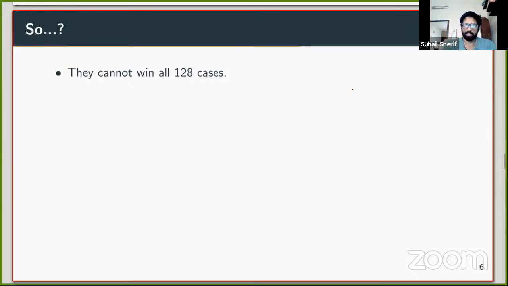But if somebody has guessed correctly in one case, we just saw that they have to guess wrong in some other case, since each player has an equal number of right and wrong guesses. So they've automatically lost that case. So it's impossible to win all 128 cases.